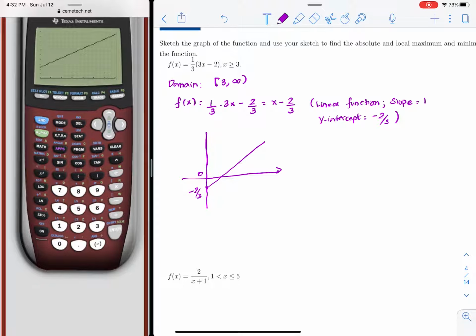So that would be the point 3. Corresponding value would be f(3). And it goes all the way up to infinity. Now, does it have an absolute maximum? So since the line is going toward infinity, there is no absolute maximum.